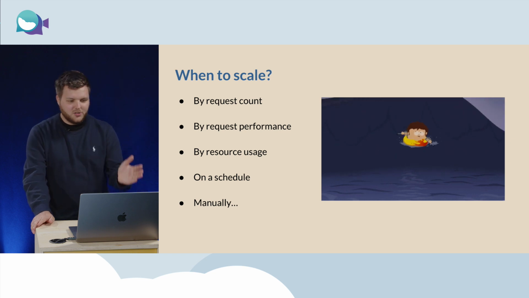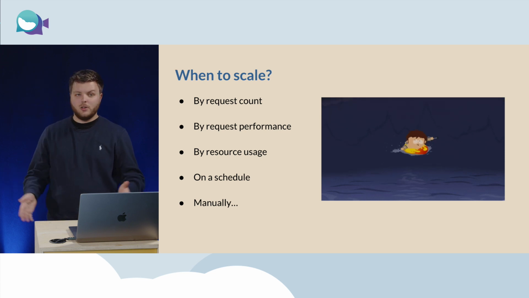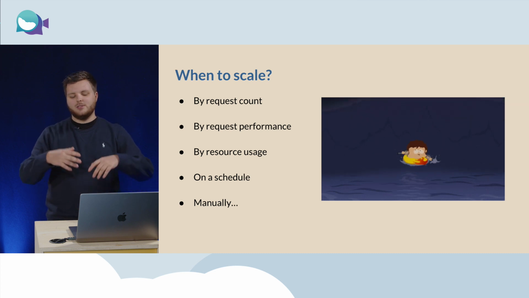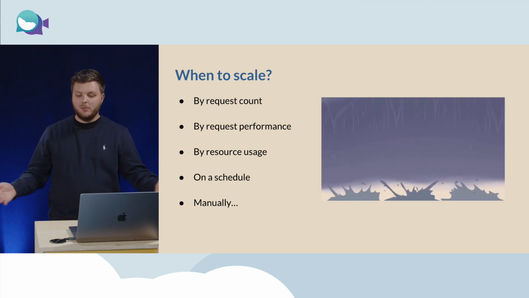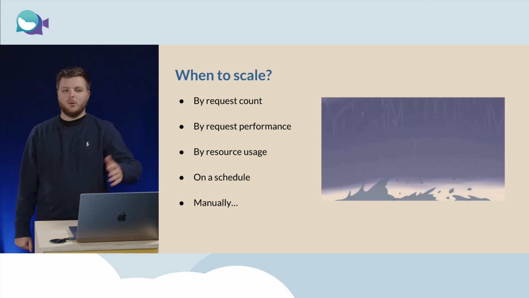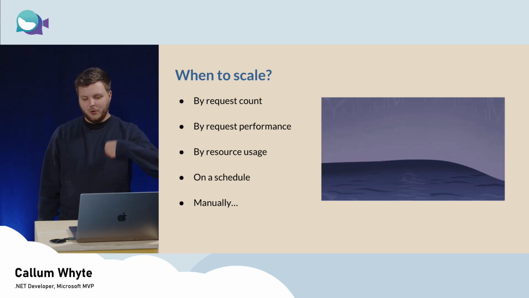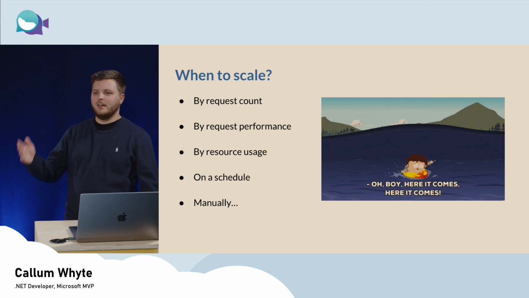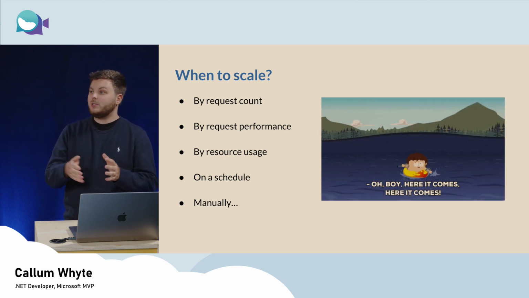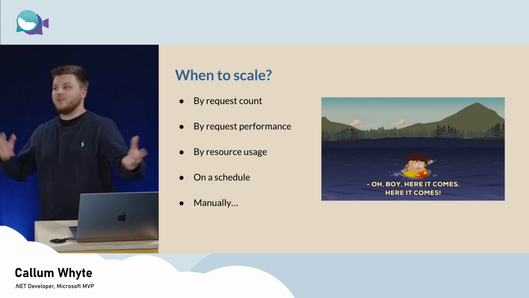So these are some common scenarios that I've seen people decide they're going to scale their application. By request count, so you know that, hey, our application handles roughly 1,000 requests, and then it needs to scale up, or maybe many more, maybe many less, concurrent, that is. However, that's a problem because requests are not all made equal. If you think in web request terms, an options call to an API is going to be a very minimal amount of data, versus doing posts that then have to write data to storage or go fetch other data from other systems.